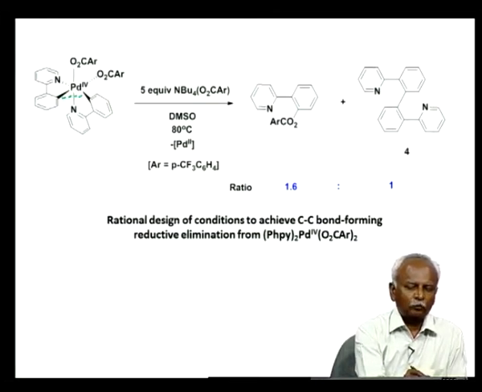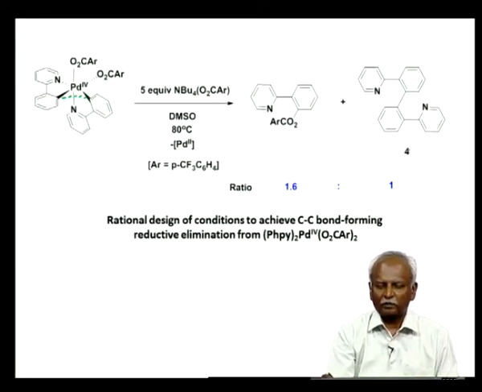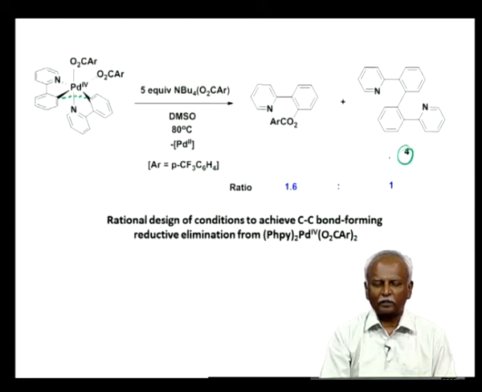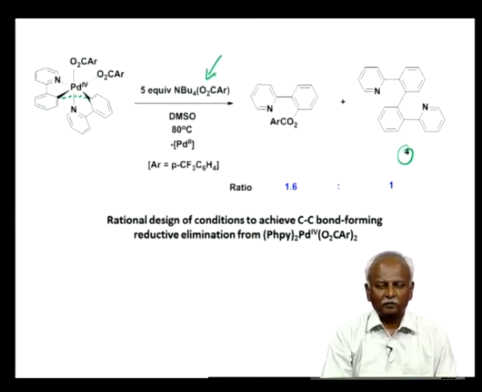So, these are the two carbons which need to be bonded together in order to form the carbon-carbon coupled product, which is marked as 4 here. And you will remember that if you do not have this added aromatic carboxylate, then you have 96% of the CO coupling.